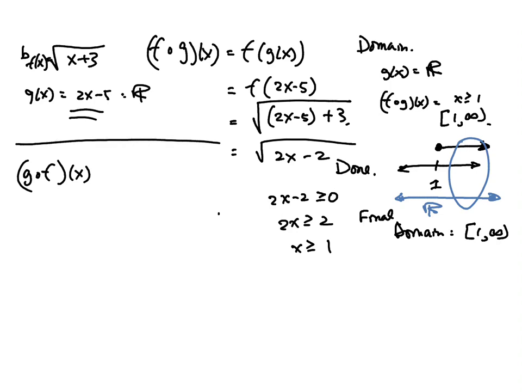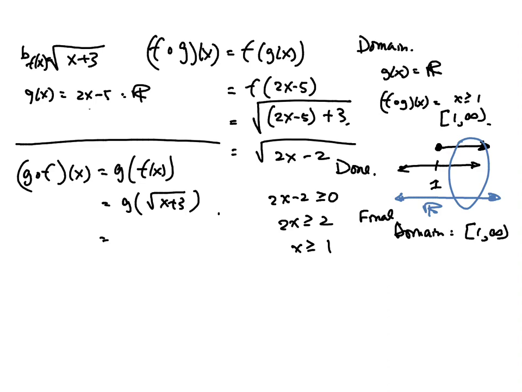So here you go. Here is g of f, g circle f. So this is going to be g of f of x. G of the f of x is the square root of x plus 3. Remember, g originally is 2x minus 5.